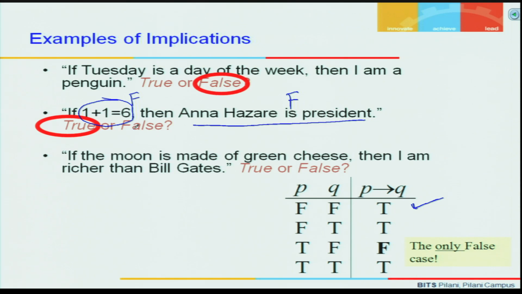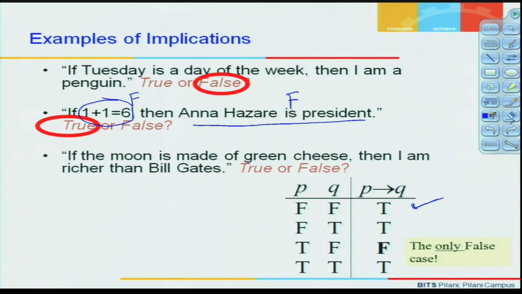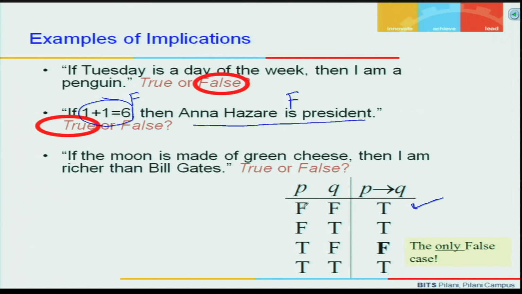You get what I am saying? Because the antecedent is taking false value and the consequent is taking false value, I come here. When both of them are false, then P implies Q takes truth value. That is how the implication operator is defined.